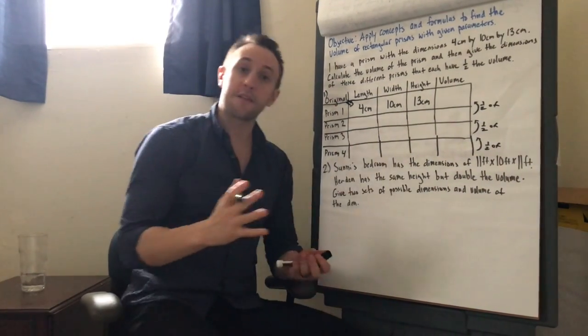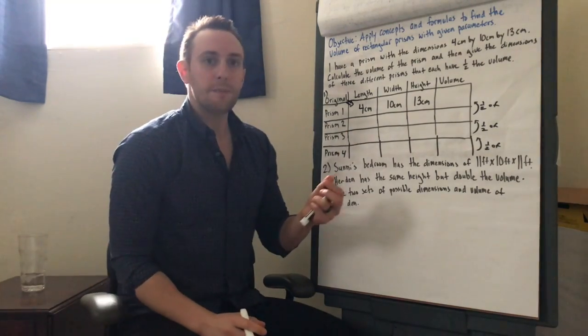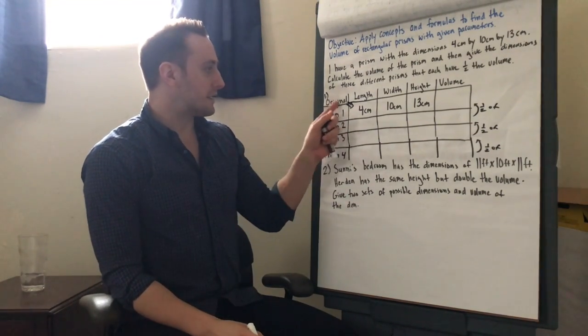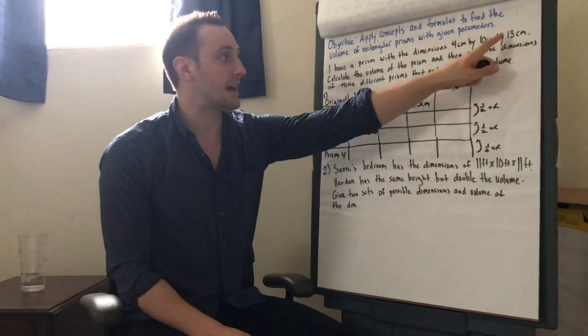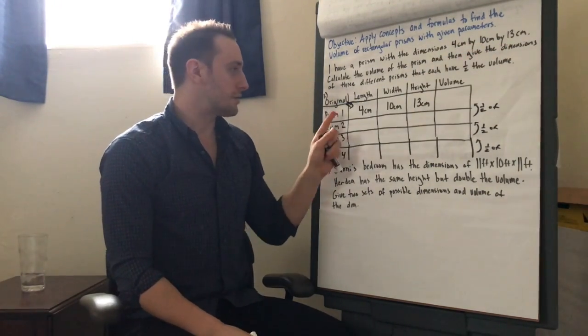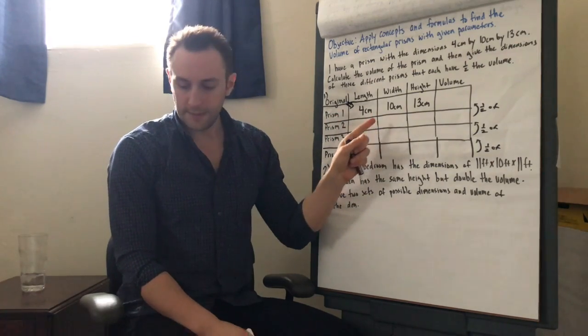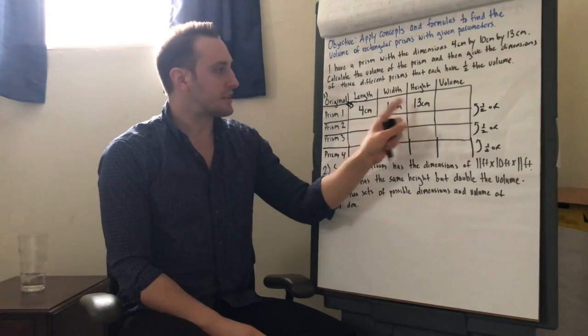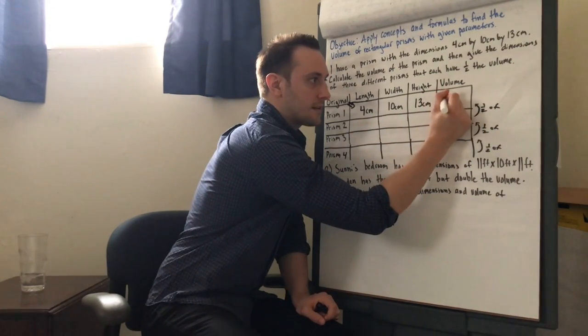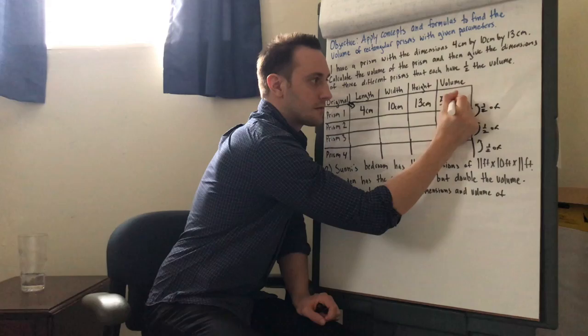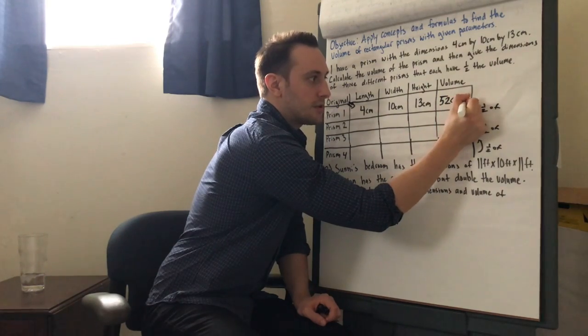Let's break down the first one. The volume of prism 1 is the original, given to us: 4 times 10 times 13. 4 times 10 is 40, and then 40 times 13 is 520 centimeters cubed.